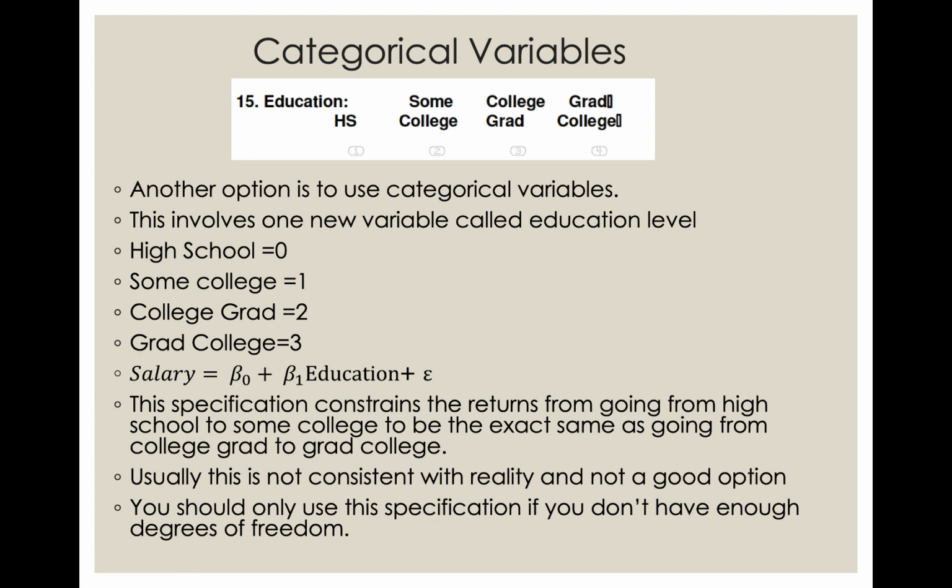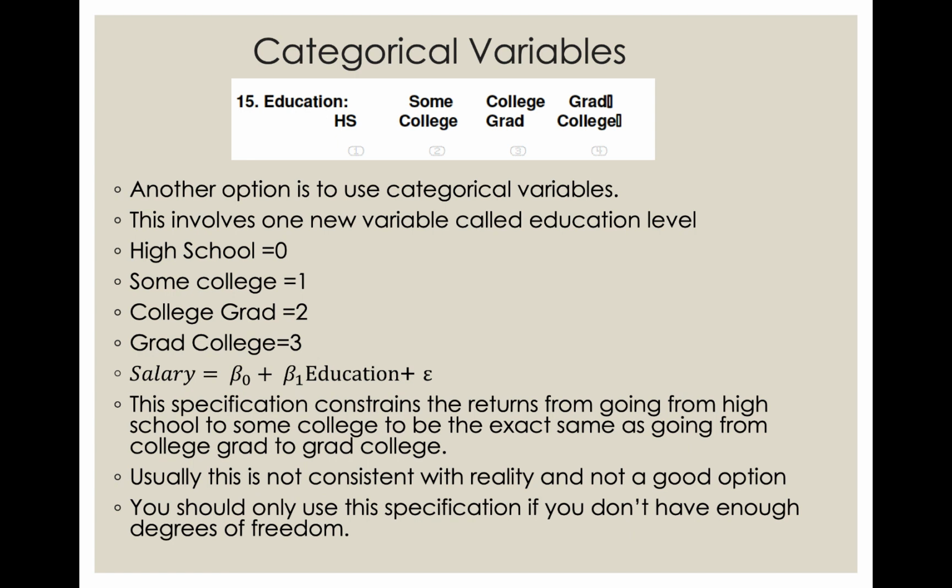What do I mean by this? Well, this constraint says that going from a high school graduate to some college is going to have the exact same returns as going from college grad to grad school, because this slope is the same for all of these different changes. Therefore, this is not typically the specification that you want to use.